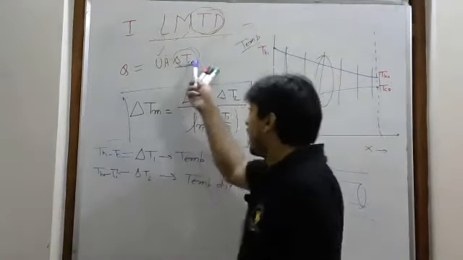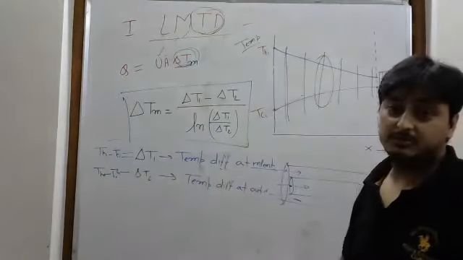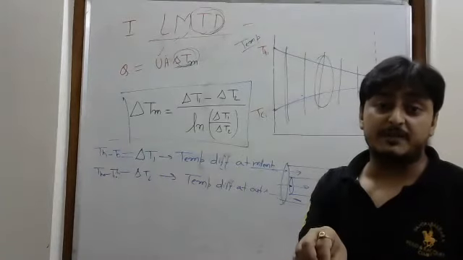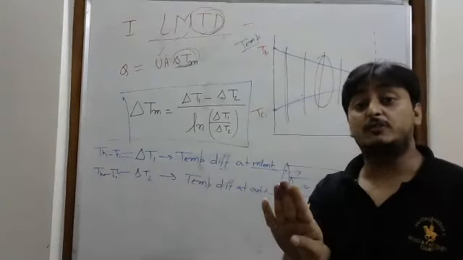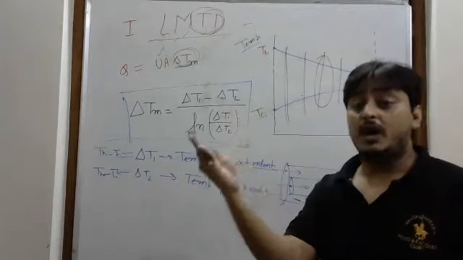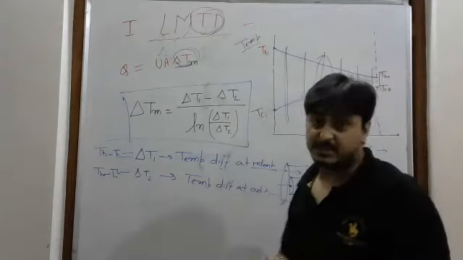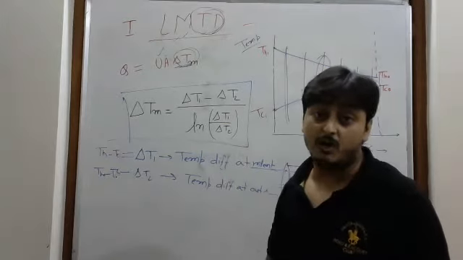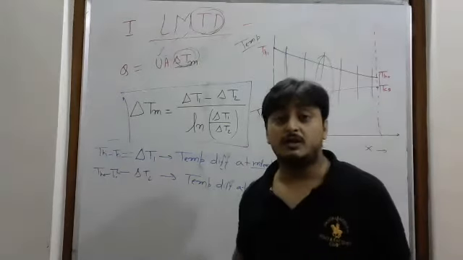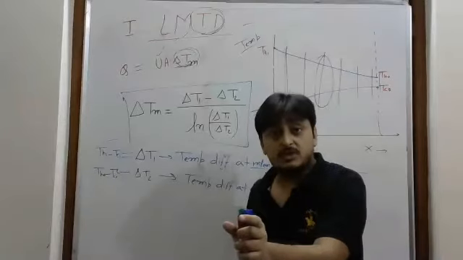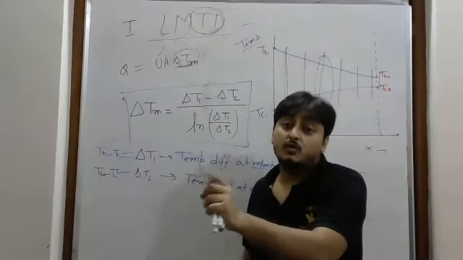Okay. So what is the other data they can give? They will give the mass flow rate and specific heat of the cold fluid, the mass flow rate and specific heat of the hot fluid. After that they will give some three temperatures, and you can find the fourth. How? I have already given the formula: heat lost by the hot fluid is equal to heat gained by the cold fluid.